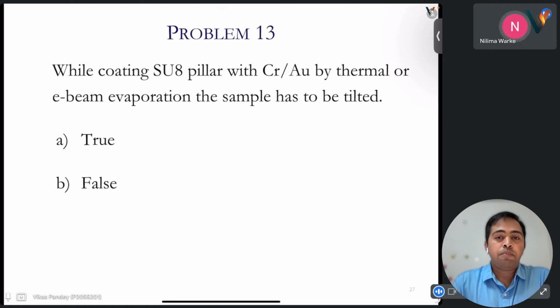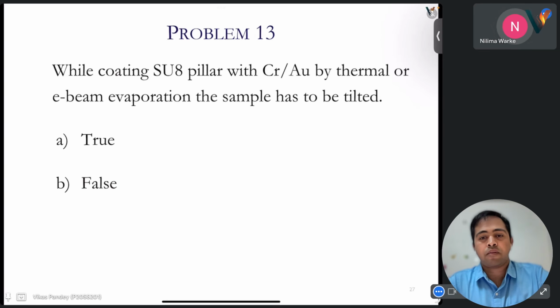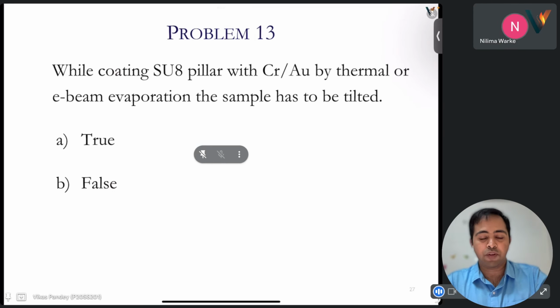As SU8 is a negative photoresist material, it is a dark field mask. If it is a positive one, then we have to go for bright field because the maximum area needs to be removed. The pattern will also determine what kind of mask we need.